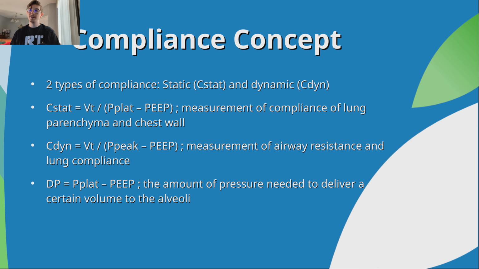If you take the difference between your plateau and your peak pressure, that's going to give you essentially what your airway resistance is. So dynamic compliance is less specific, because it does tell you about your lung compliance, but it's also mixing it up with airway resistance too. You can't really tell anything just by looking at dynamic compliance. You have to look at the separate elements, right?